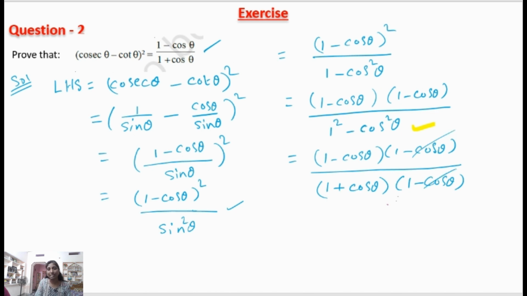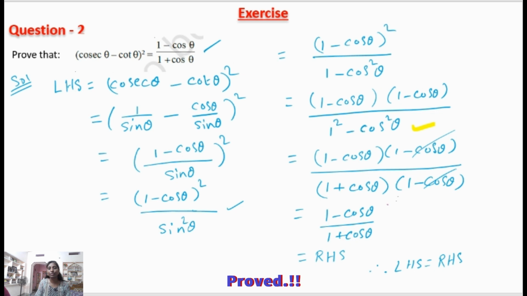We can cancel it. So we have 1 minus cos theta by 1 plus cos theta. Here it is equal to RHS. So finally we can write, therefore LHS is equal to RHS. So we have proved. Hence, proved.